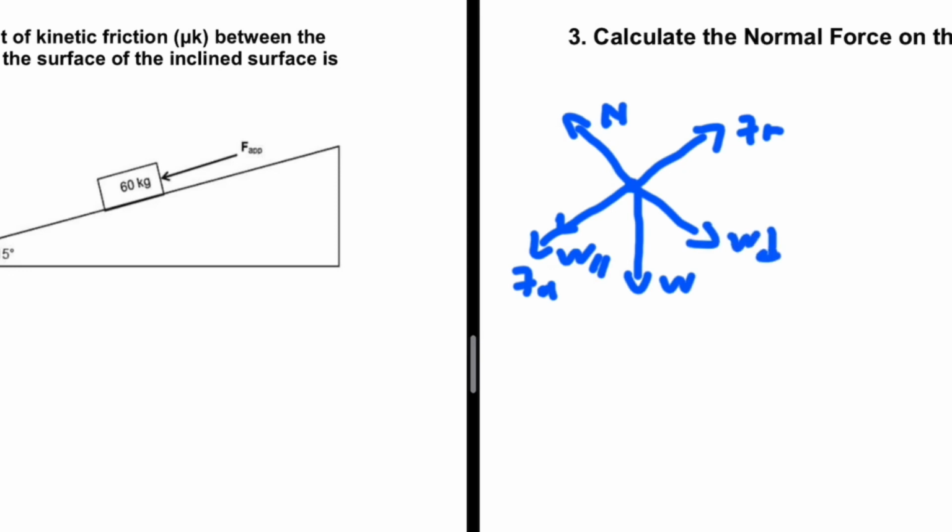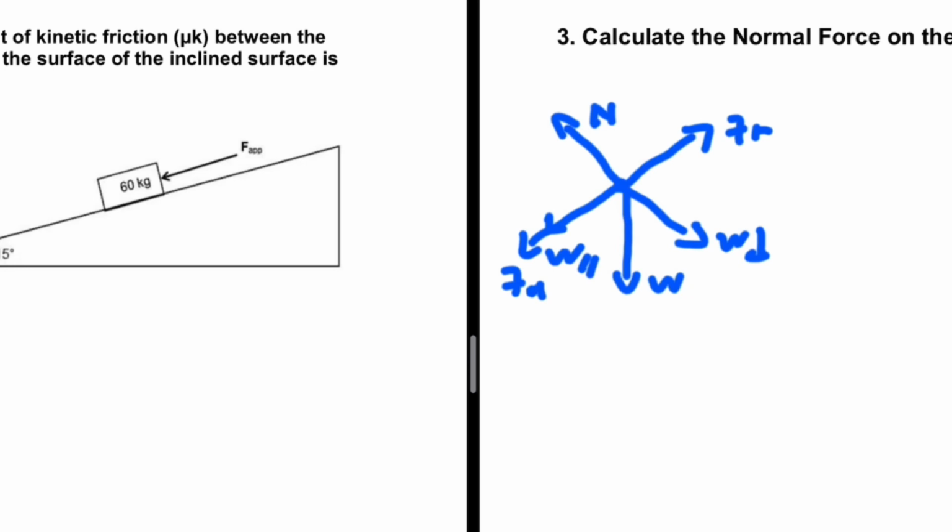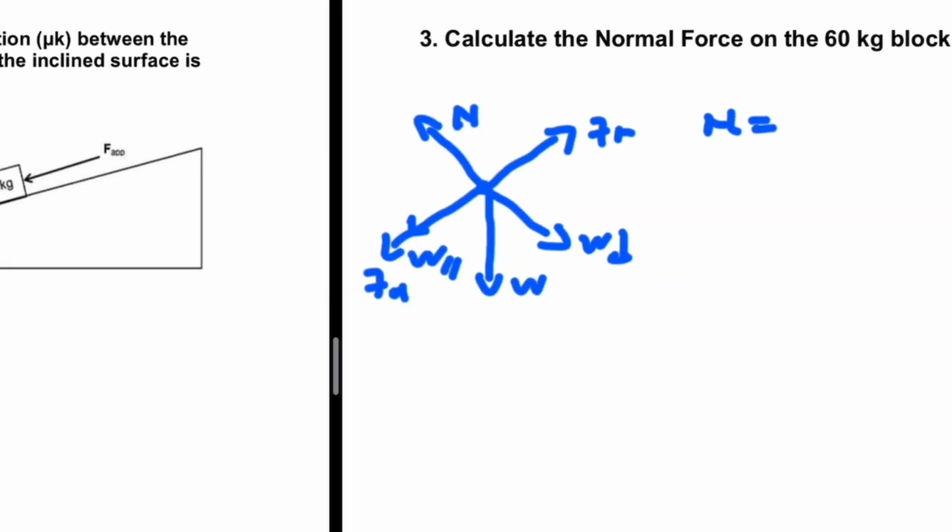So in a case like this, on an inclined surface, we have the normal force being equal to the perpendicular component of the weight, which is mg cos theta. This is the formula you need to use on an inclined surface.